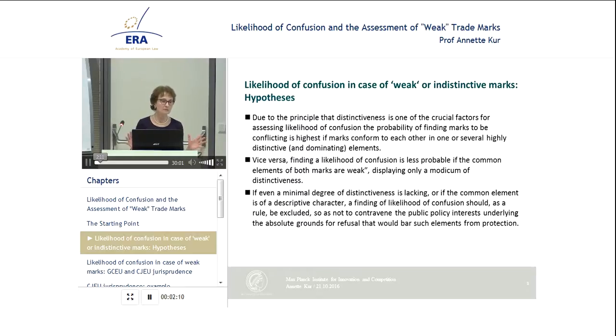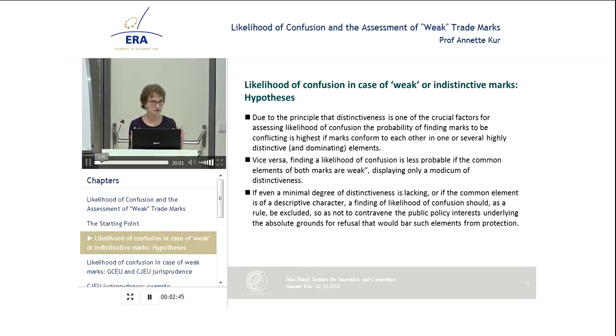When we start from the basic principles that were set forth in the court's jurisprudence, then we can easily conclude that the likelihood of finding a likelihood of confusion is very high if the marks are similar in features that are very distinctive and that are also dominating the impression of the mark. Very often, of course, this goes together.